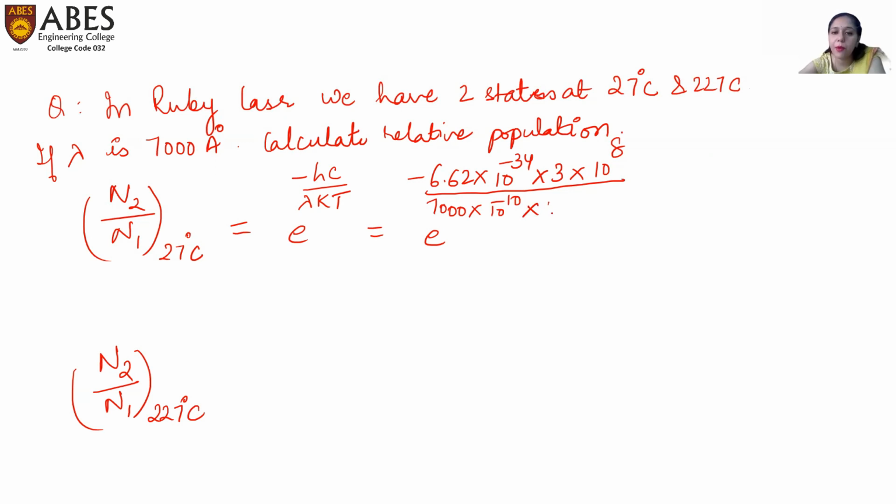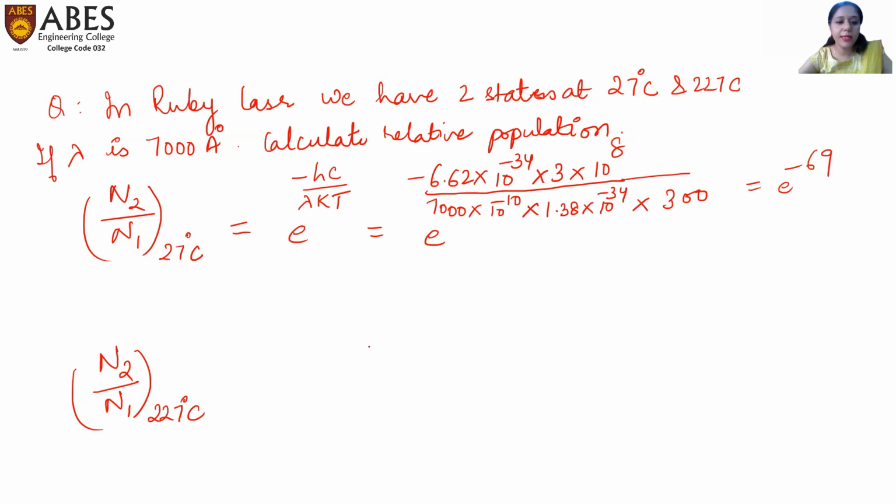Value of k will be 1.38 into 10 raised to the power minus 23. We have to convert 27 degrees Celsius to Kelvin, so it will be 300 Kelvin. So the answer of the first will be e raised to the power minus 69.